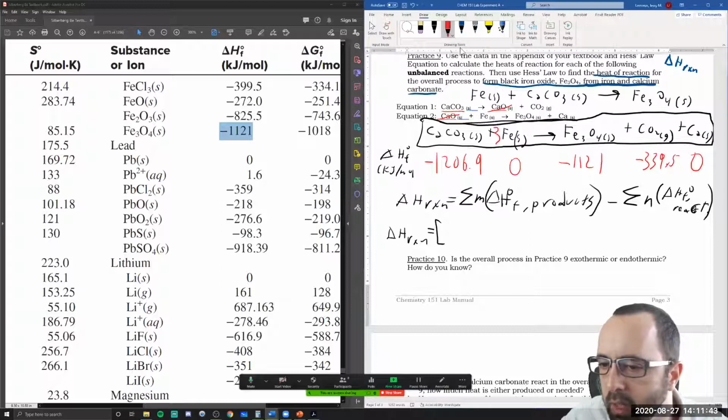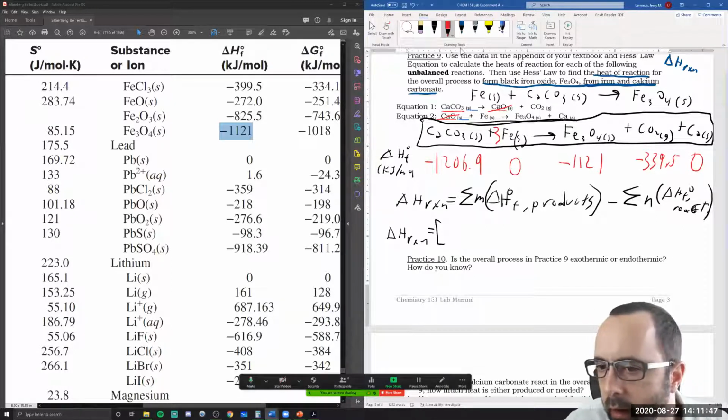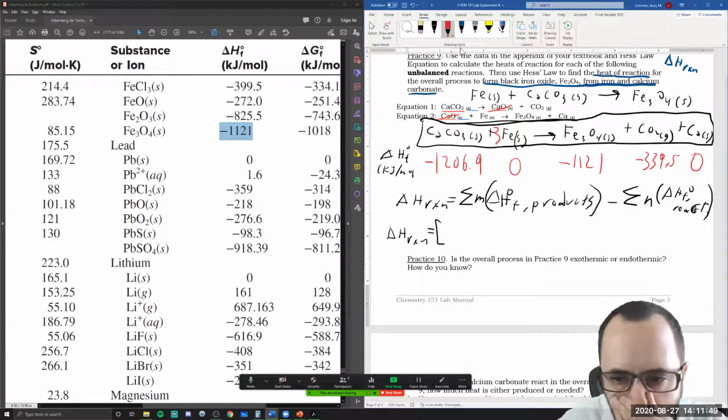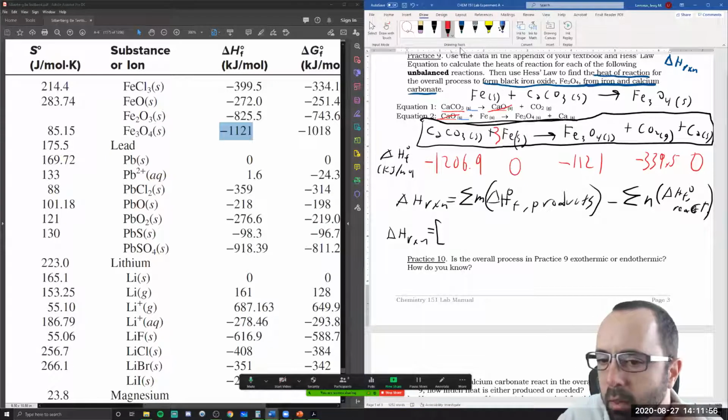Now we do have an issue with the oxygen. So we may have to erase this later on. But the oxygen here, the problem is that we have 4 plus 2. We have 6 here, but we only have 3 on the left side. So we're going to have to balance this one here. And we're probably going to end up erasing a few things, so make sure you do this in pencil.